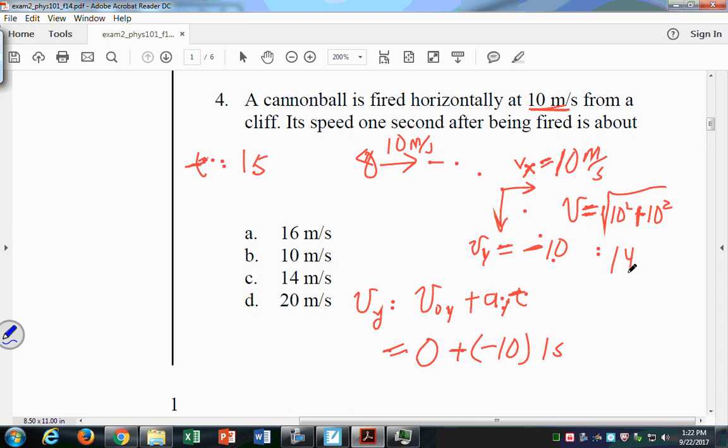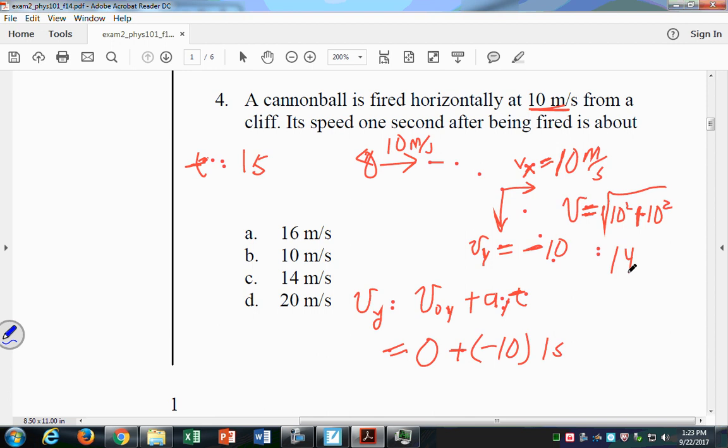Yeah, Mallory? So, like, 10 meters per second, I know that that's Vx now, and it can't be Vy, or V naught y. What is that? Is Vy 10? Is that what you're asking?